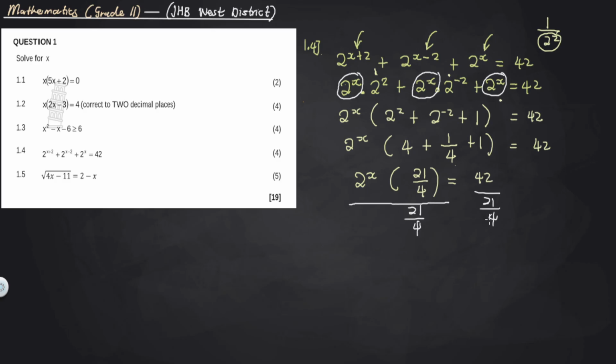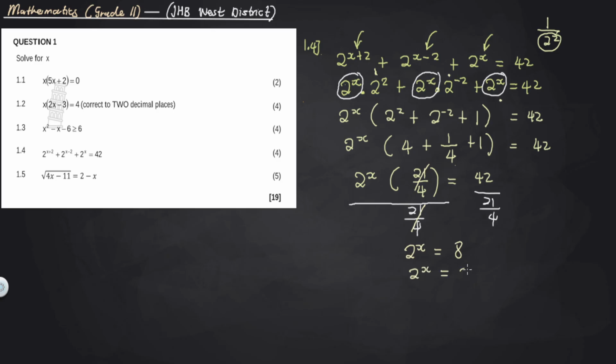Some of you will want to do this by dividing by 21 over 4. That's cool, no problem. This cancels this. 2 raised to exponent x is equal to 42 divided by 21 over 4, then you end up with 8.